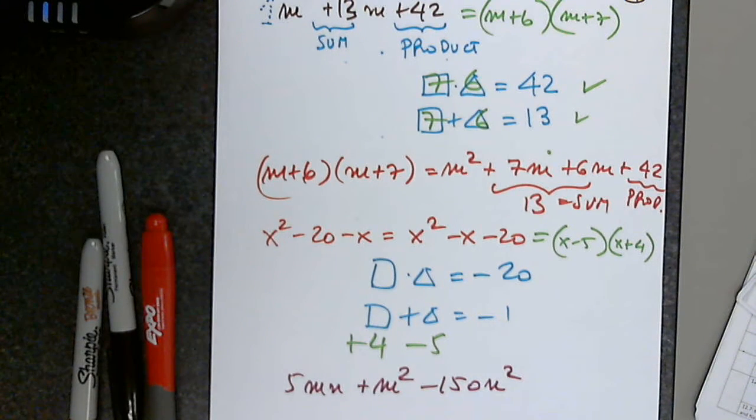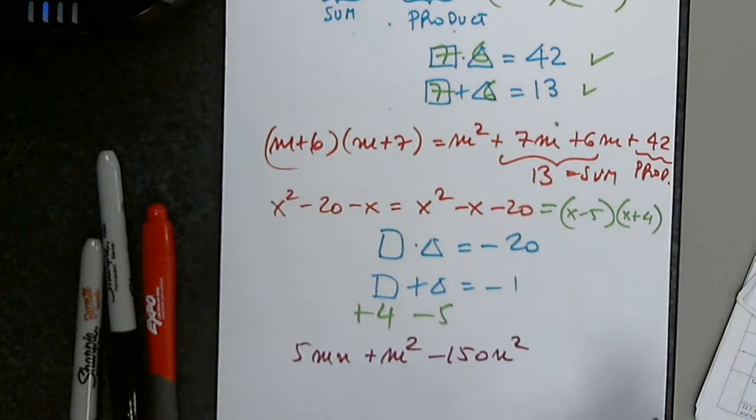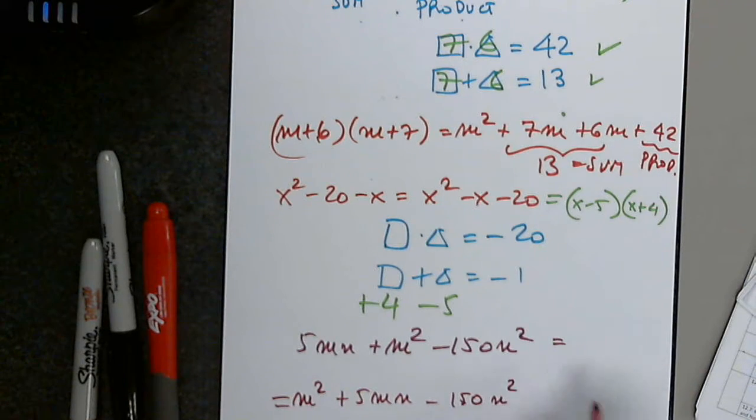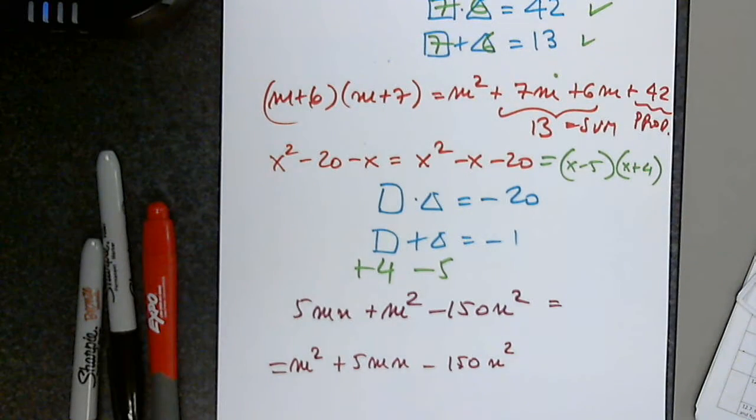If I have A, B, I use A first and B second, unless I'm specifically told the variable is really N and we don't care about M. Here there is no specification, so I will rearrange it based on M. I have M squared, then the term with M, and then the term with no M. M squared is first, M is in the middle, and no M is last.